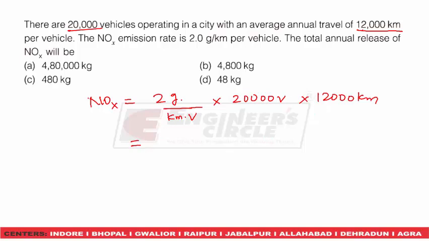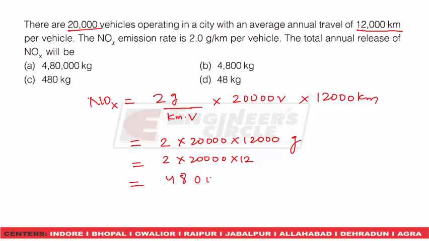So 2 into 20,000 into 12,000. This will be the mass of NOx generated in grams, and in kilogram it will be divided by 1000. So 2 into 20,000 into 12. So it comes out to be 48,000. So the correct answer would be A option.